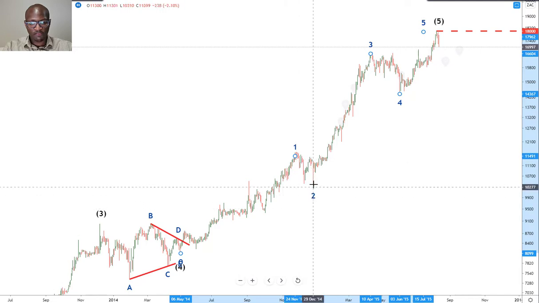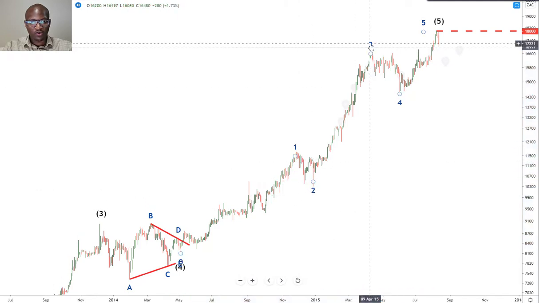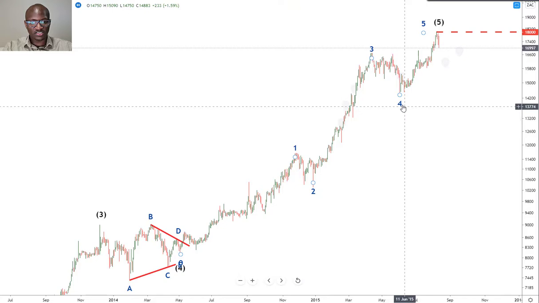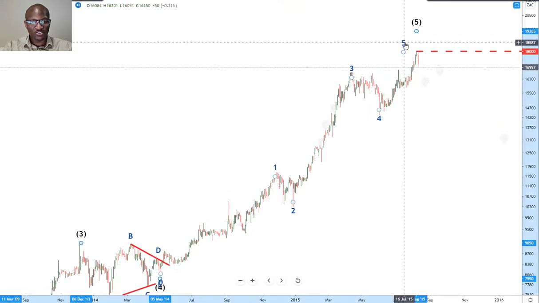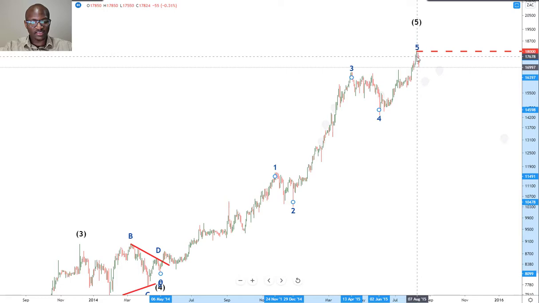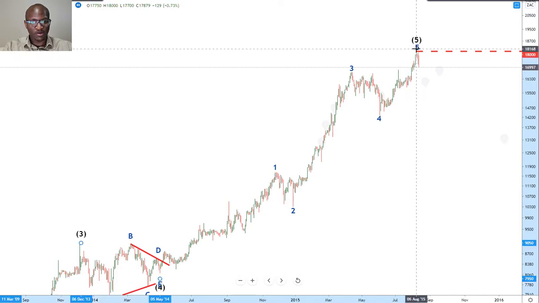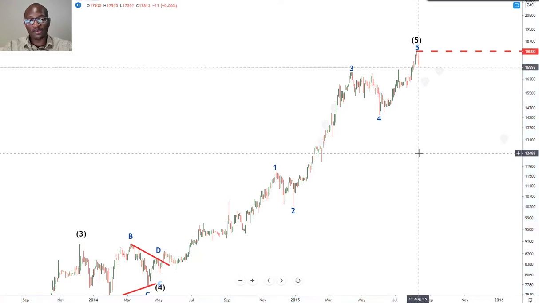So we've got our 5 waves for wave 5, and we can now be almost certain that the uptrend is complete and we can expect a pullback or a major market correction or even a bear market, but we can never forecast the extent of the correction.